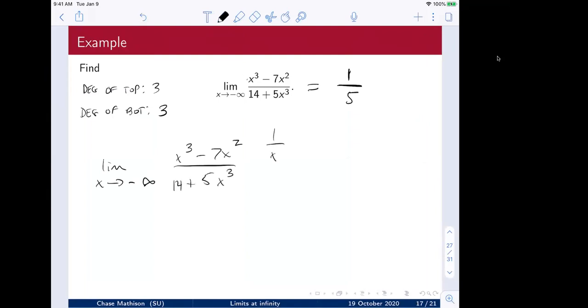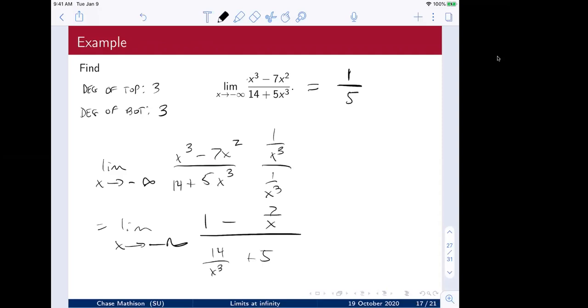Okay, and when you do that, you'll end up with 1 minus 7 over x in the top, and then 14 over x cubed plus 5 in the bottom. Okay, and then as x gets very big in the negative direction, this part and this part are both going to 0, right? And so you'll be left with 1/5.